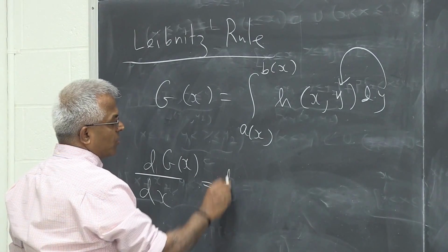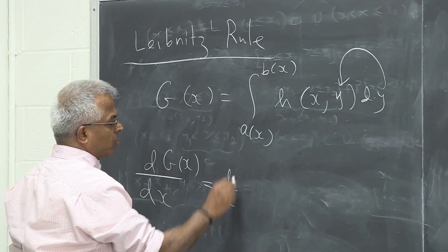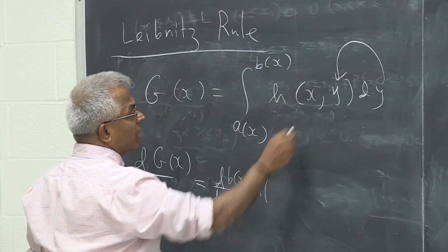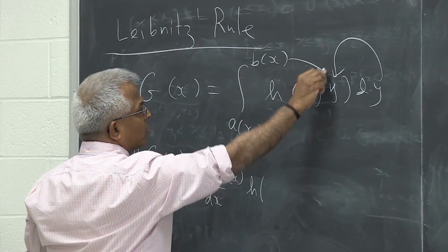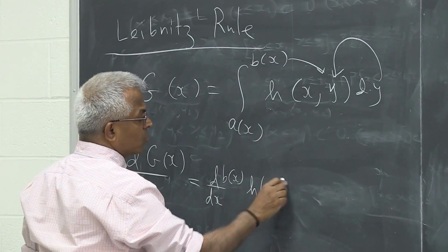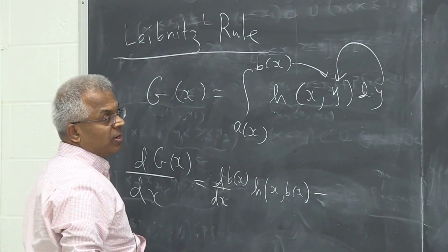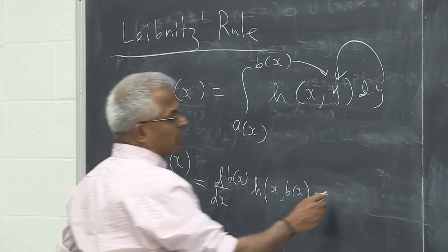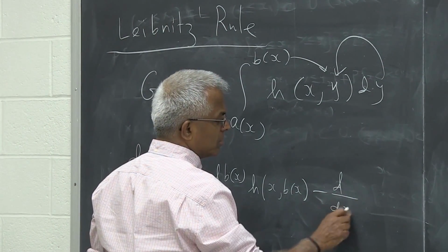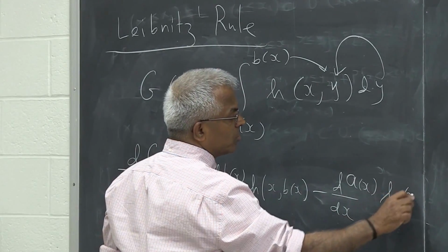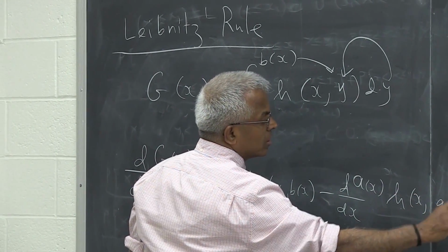So this is the derivative of the top limit with respect to x. Then in the variable of integration you substitute the limit. So it will be f(x, b(x)) minus, do the same thing on the lower limit, exactly the same thing. So the derivative of the lower limit with respect to x, and in the variable you substitute the lower limit.